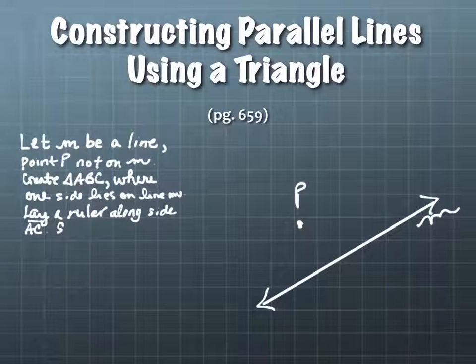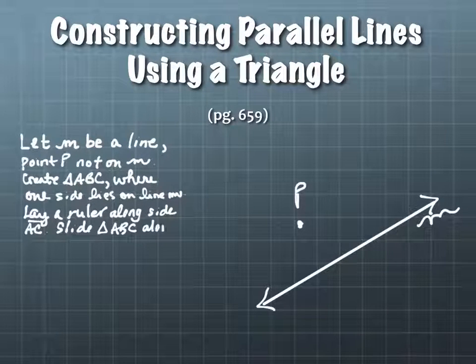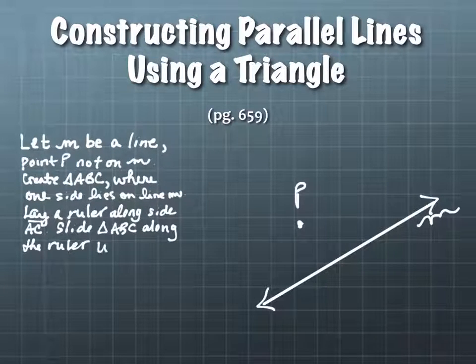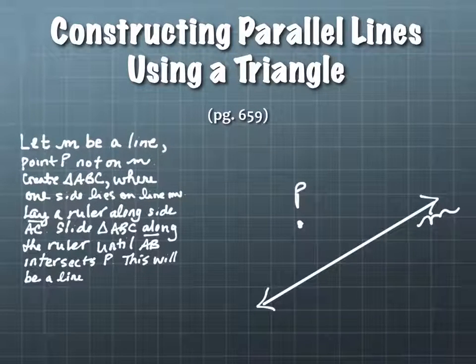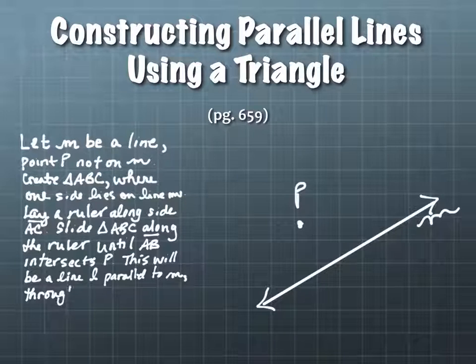Alongside AC, and slide triangle ABC along the ruler until AB intersects, not C, intersects P. This will be a line L parallel to M through P.